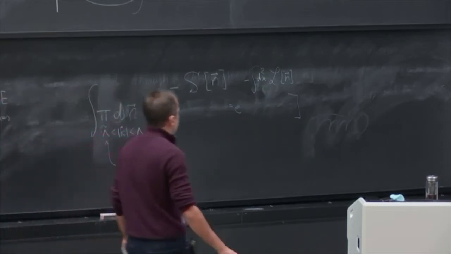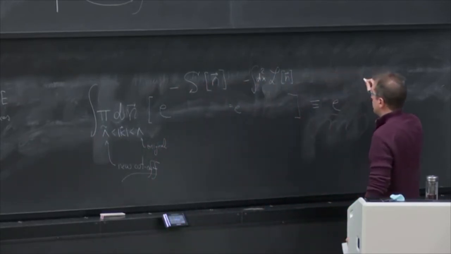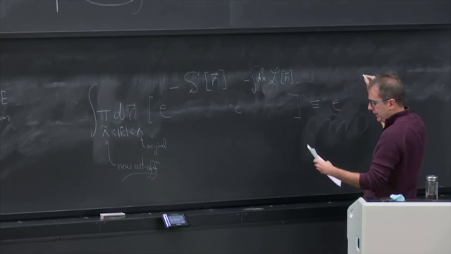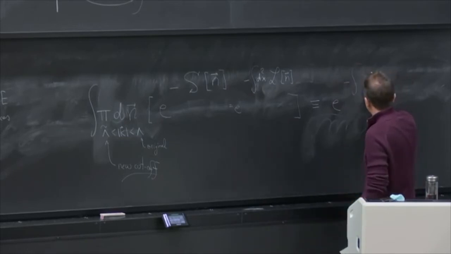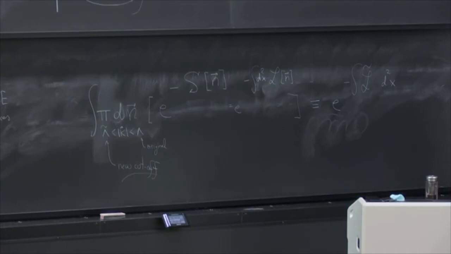Then this integration defines for me, after I integrate, e to the minus an integral of a new Lagrangian d2x, which is the Lagrangian that describes the effective low energy dynamics that remain after I integrate out the fast modes. What will this Lagrangian be?